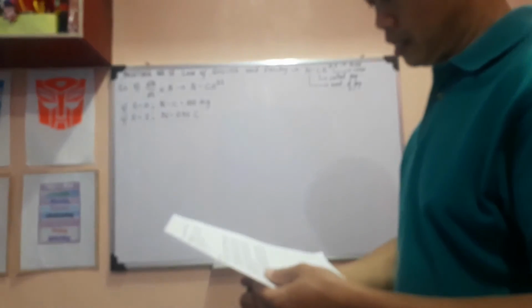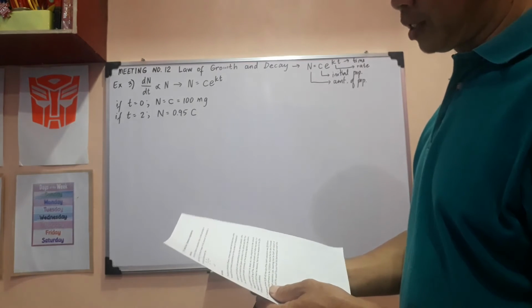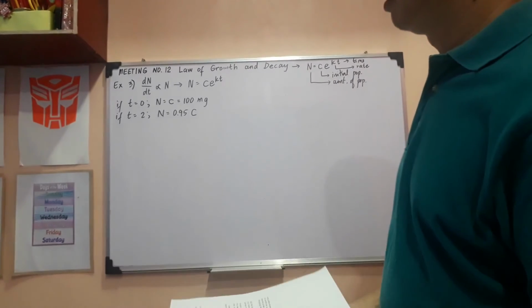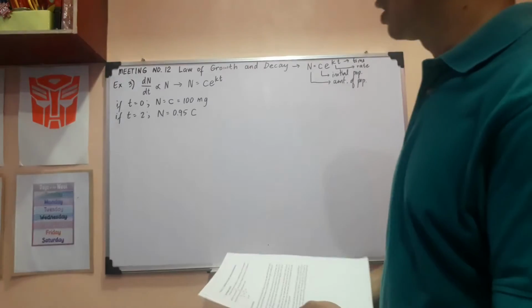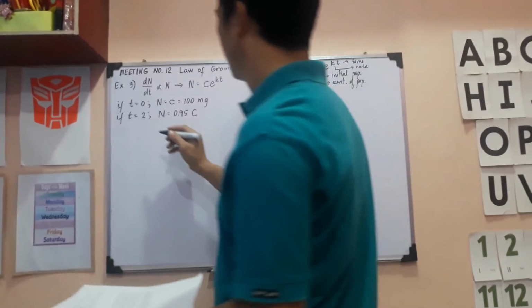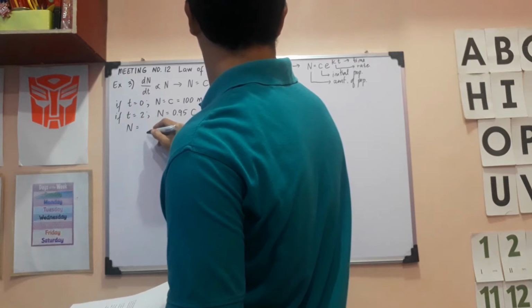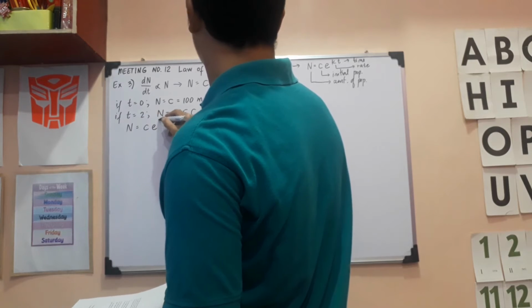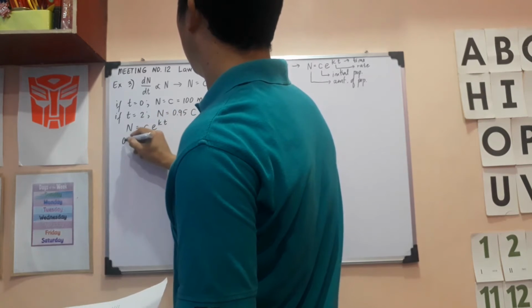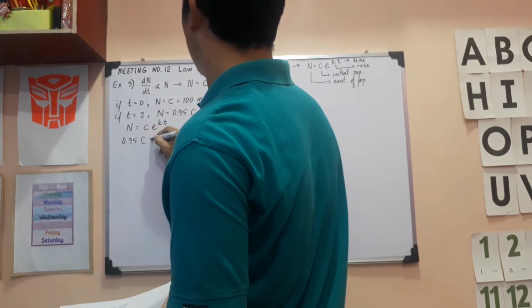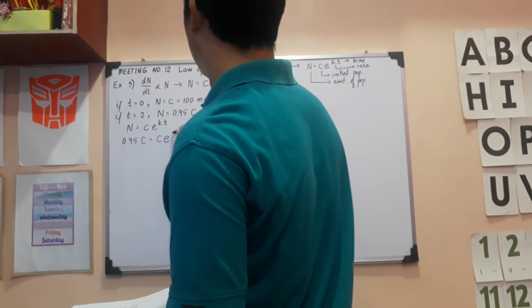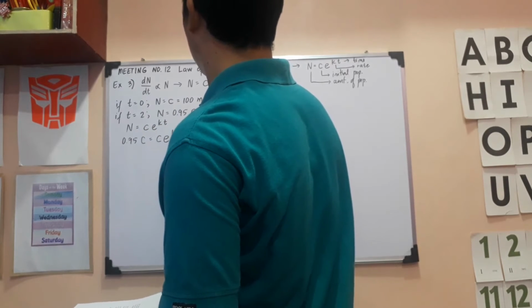Kasi 5% of the original mass has decayed. So, that is 0.95 C. So, N is equal to C e raised to kt. So, 0.95 C is equal to C e raised to k times 2.